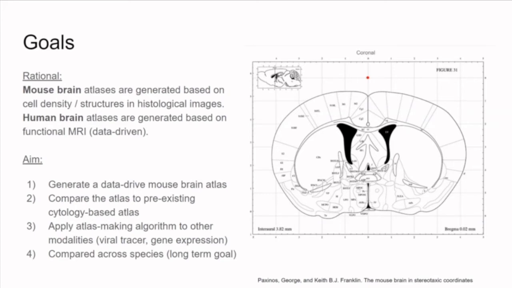That way we can actually validate the parcellation algorithms. And then can we also apply it to other modalities? There's a lot of data in databases for structural connectivity or gene expression, so we could use that. And of course, if we had an unlimited amount of time, we could also compare it across species and get data from rats and monkeys.